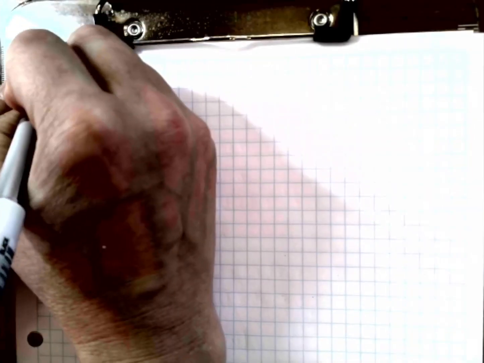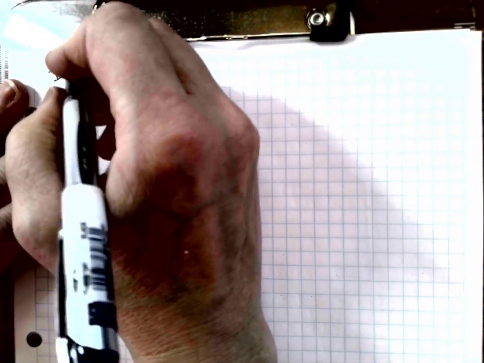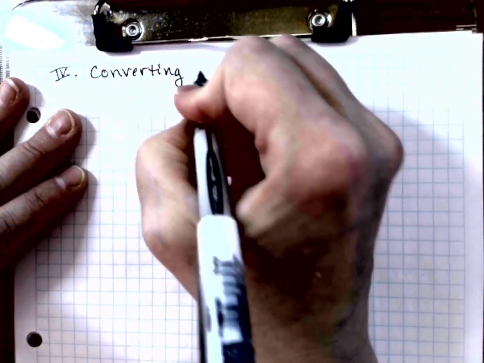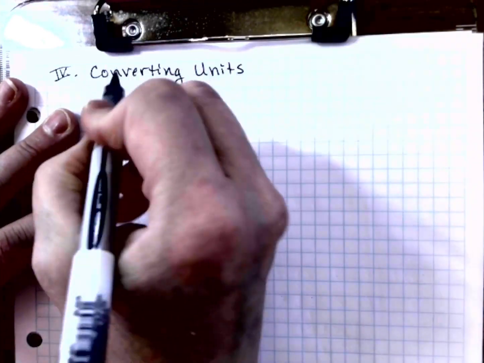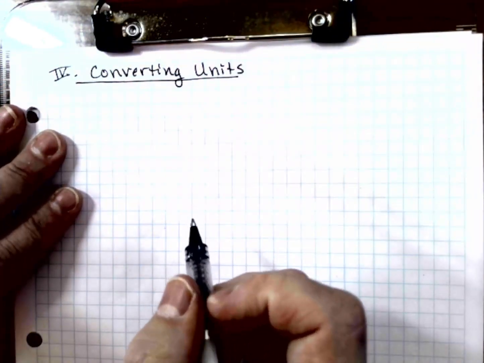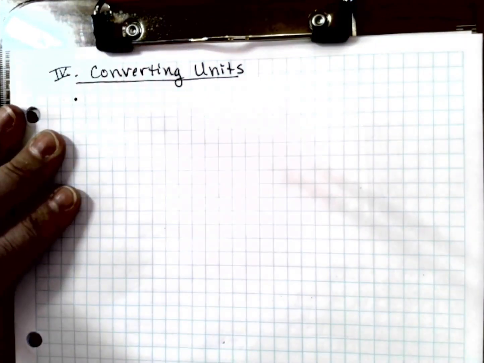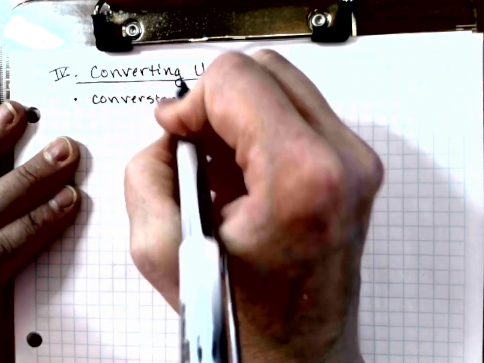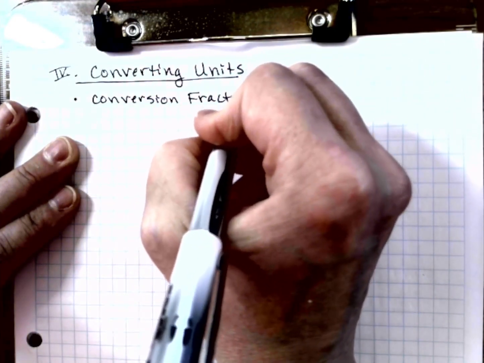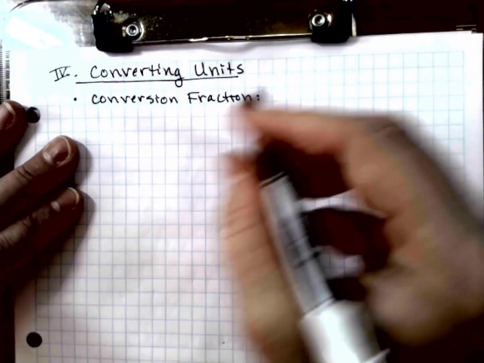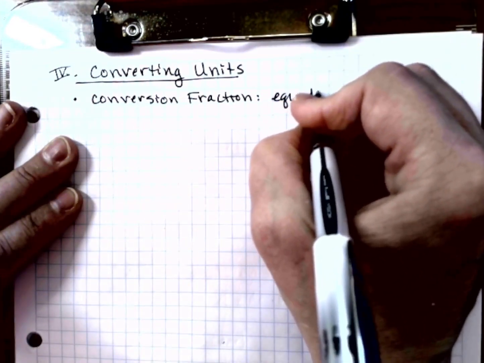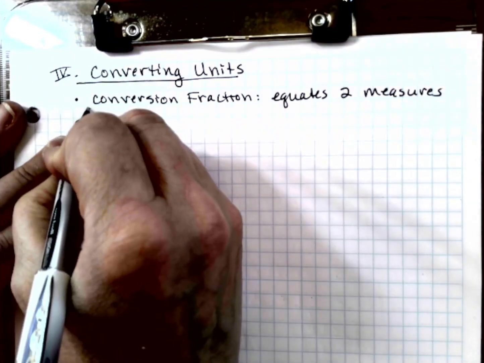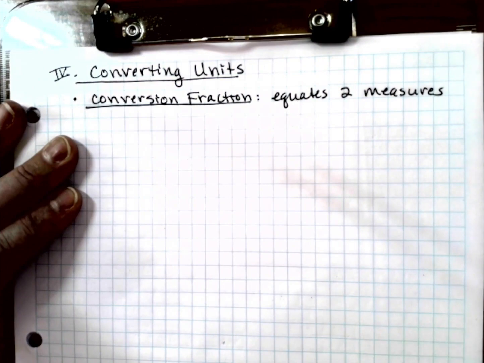All right, Roman numeral 4, converting units. And again, we've been doing this a little bit, but we're going to do it a lot more in this section. Okay, so the first thing you need to know for converting units is you need to have a conversion fraction. A conversion fraction equates 2 measures.